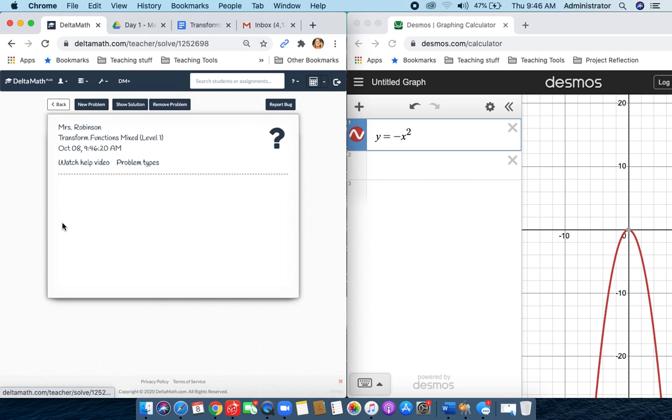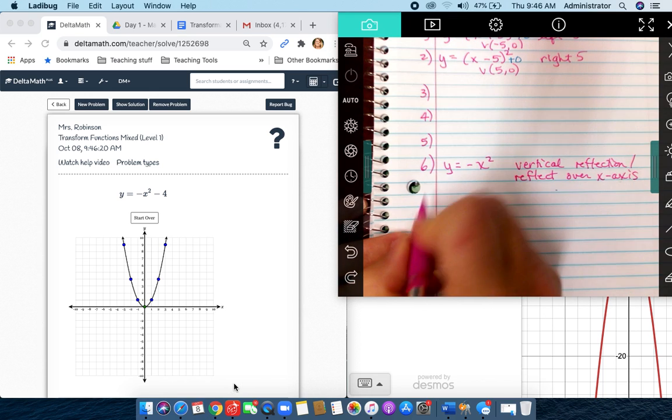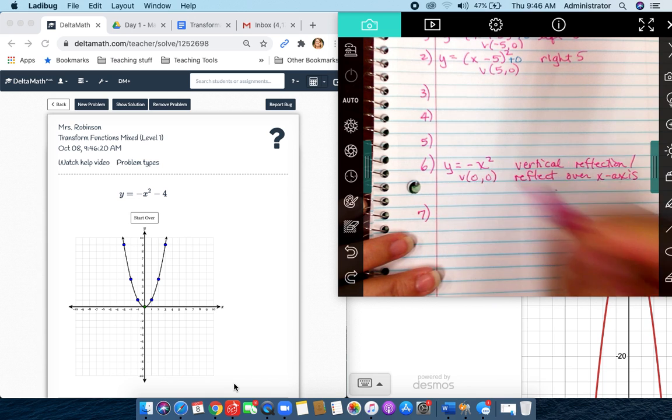All right, I'm going to try number 7 now because we're actually going to mix this up a little bit. So in your notes or on your paper, make sure you're writing this problem down for number 7. So by the way, here the vertex was (0, 0).